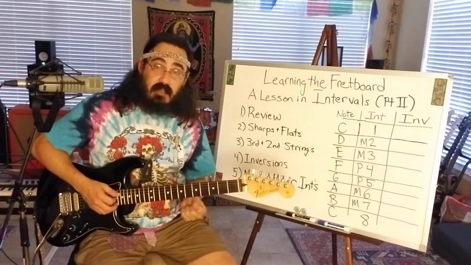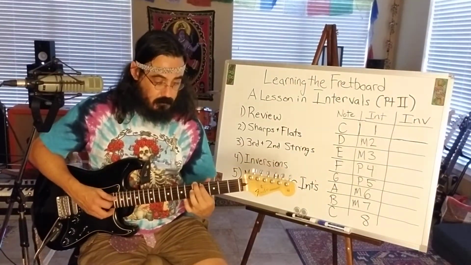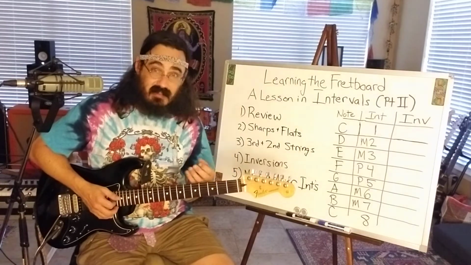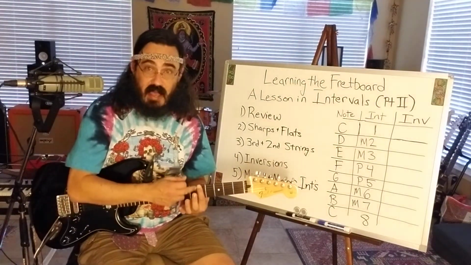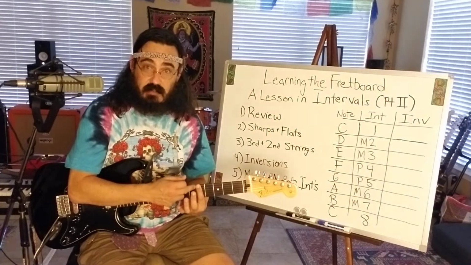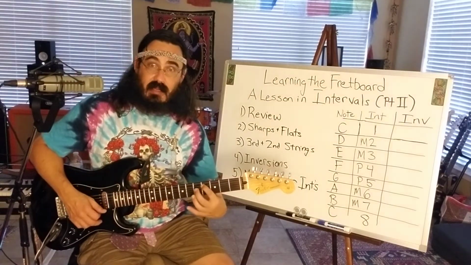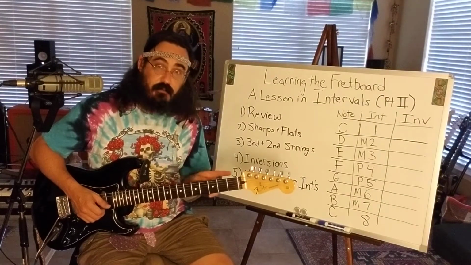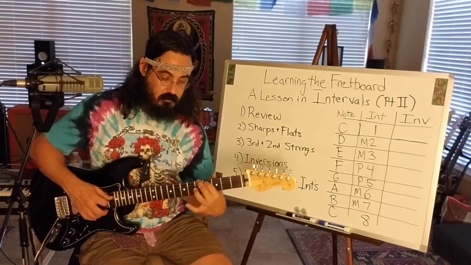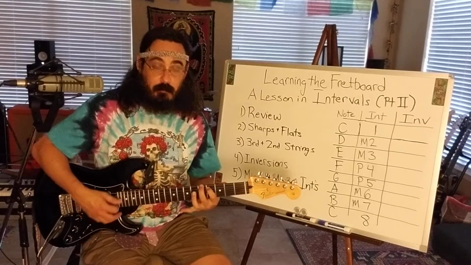Another interval we looked at was the third. If we take the fourth, again the same fret on two adjacent strings, and we bring the fifth string back 1 fret this way, we have this diagonal shape.